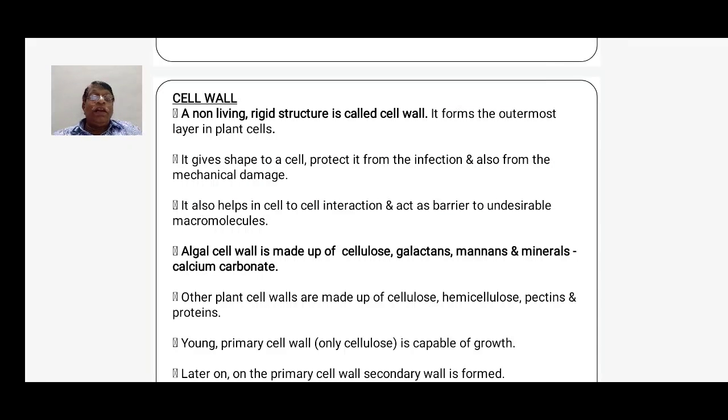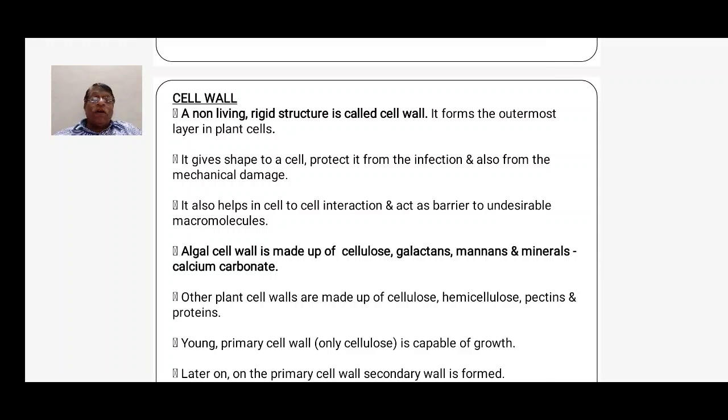The cell wall is present outside the plant cell. It forms the outermost layer in the plant cell. The cell wall is absent in the animal cell. But the presence of cell wall is the most important characteristic feature of plant cell.